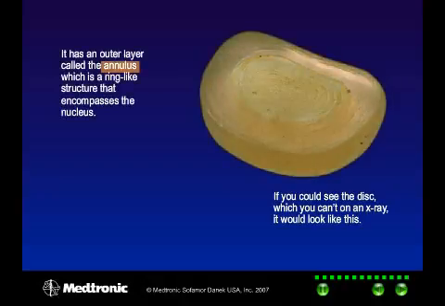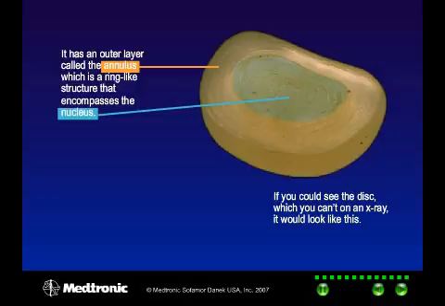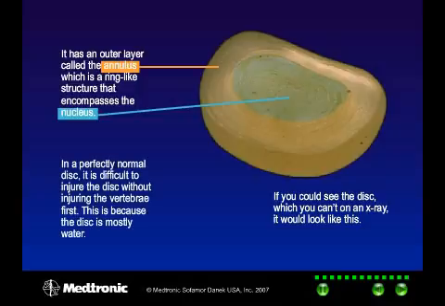It has an outer layer called the annulus, which is a ring-like structure that encompasses the nucleus. In a perfectly normal disc, it is difficult to injure the disc without injuring the vertebrae first. This is because the disc is mostly water.